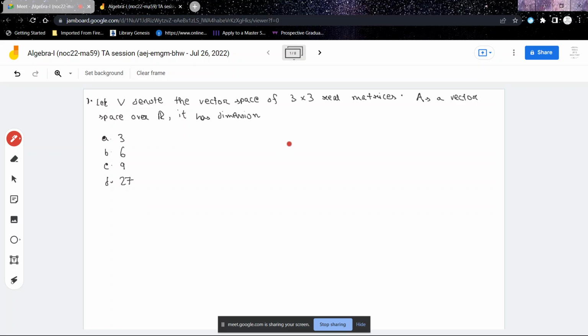Now you know that V is M3R, and you can check that the matrices Eij, where i and j run from 1 to 3.